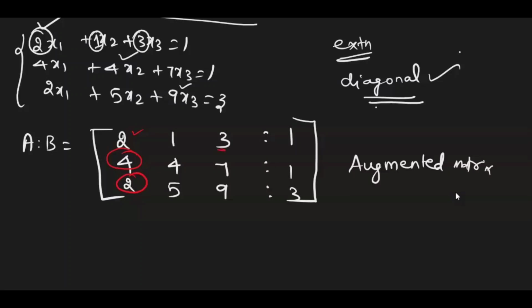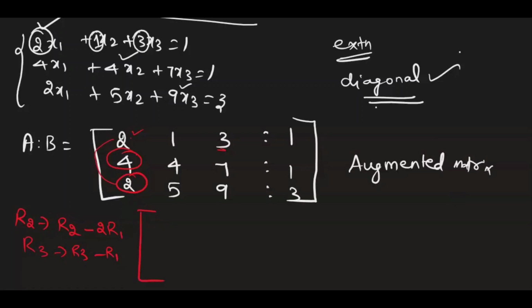So 4 minus 2 into 2 we'll write. R2 goes to R2 minus 2 R1, and then R3 goes to R3 minus R1. So 2 minus 2, 0.